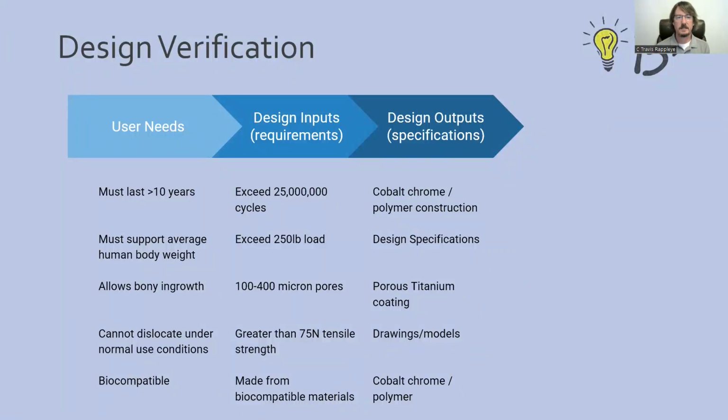The design of our device ensures that it's got a greater than 75 Newton tensile strength. That can be done through modeling in SolidWorks and then finite element analysis or some sort of assessment straight in SolidWorks, so that we can reasonably guess that the design we come up with exceeds 75 Newton tensile strength.